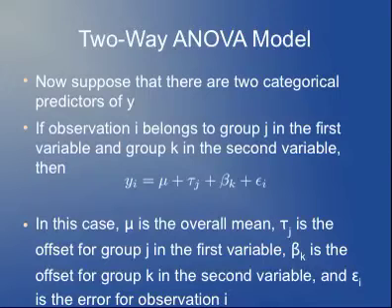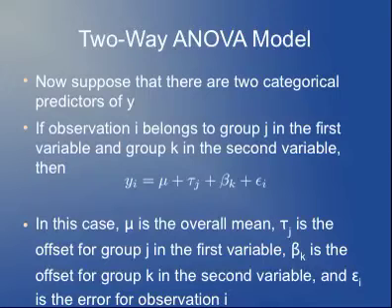Within each block, you assign half to treatment and half to control. Then there would be two categorical variables, and you may want to answer the question of, are there differences from litter to litter, or the question of, are there differences between treatment and control, or are there any differences overall?